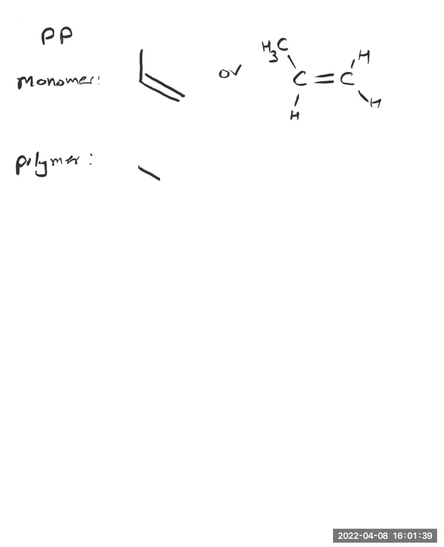Let's draw the monomers. And then we're going to erase the double bond, and instead we're going to connect them to adjacent units like that. So this is how the polymer would look.